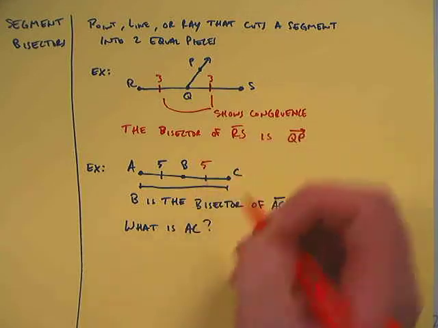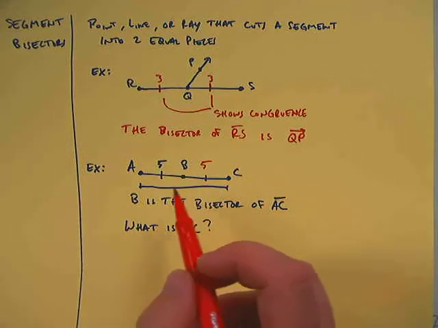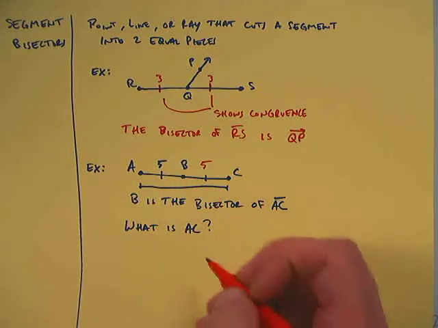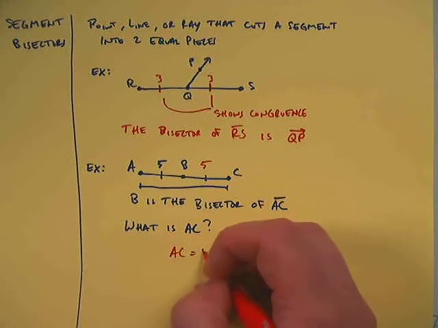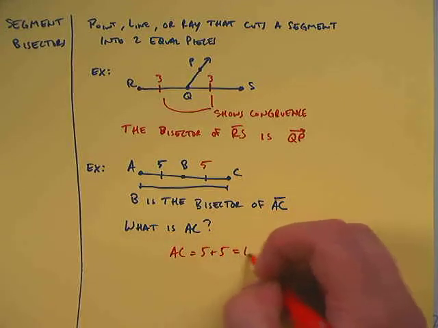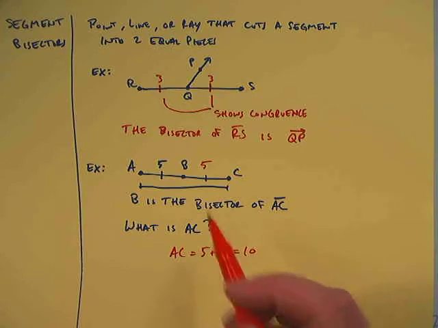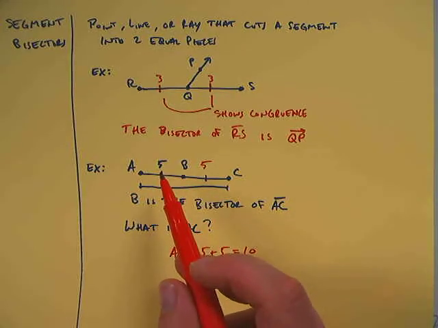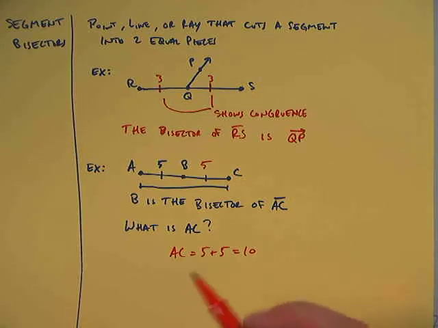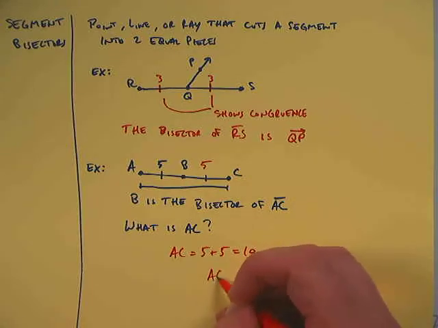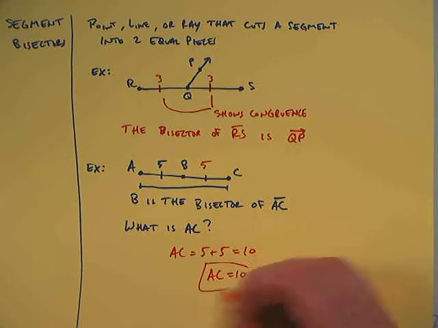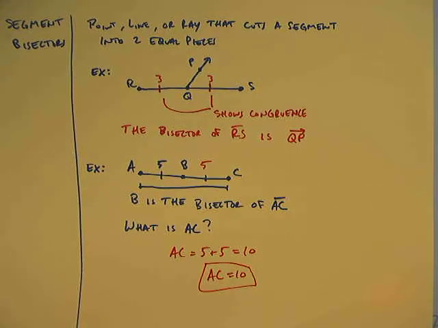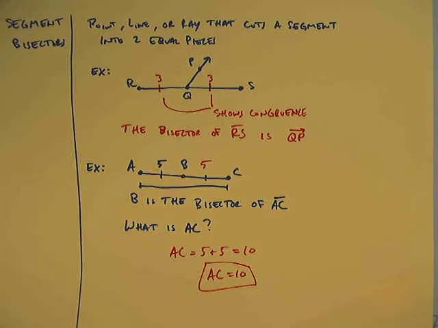So if B is a bisector and we know that AB is 5, that means that BC is also 5. So then the whole entire thing, AC, would be 5 plus 5, which is 10. You could also just take the 5 and multiply it by 2, since you know that this is half, right? Either way you want to think about it is fine, but our answer would be 10.